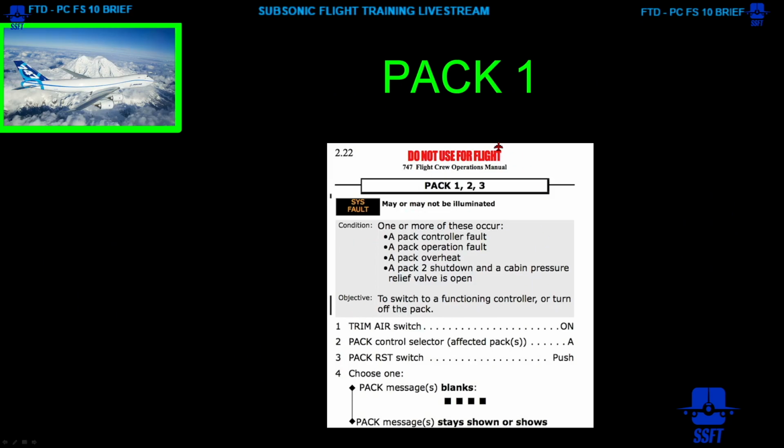I'll think of something to do here other than the Pack 1 problem. Again, the main thing is to have some non-normals to show that the crew can manage the airplane properly: decide who's going to fly the airplane, who's going to do the checklist, and then for the person doing the checklist, the pilot monitoring, to be able to get it out, read it and do it properly.